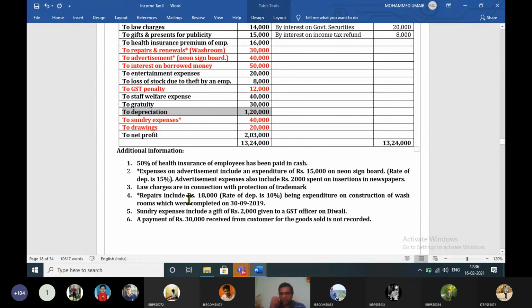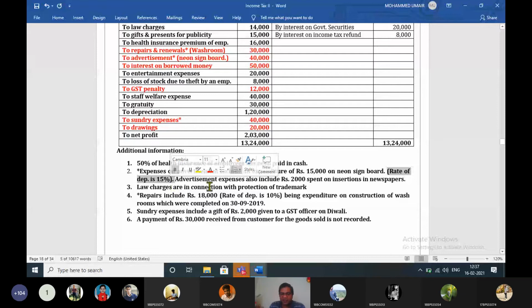But sometimes the question will say that advertisement 15,000, let's say depreciation, and this depreciation is already included in this. If the problem states that, then you don't have to calculate it again. But since here it clearly says that, and you have also been given the hint of rate of depreciation in the bracket, that means you have to charge it, and this depreciation is not included in the profit and loss account, right?